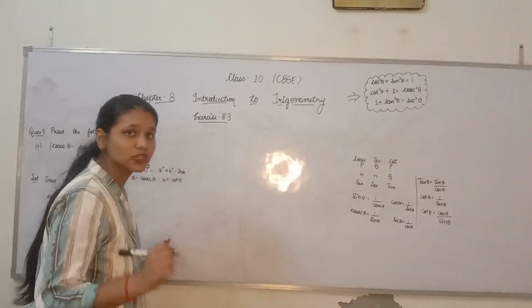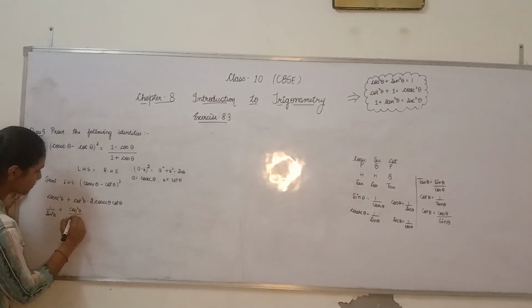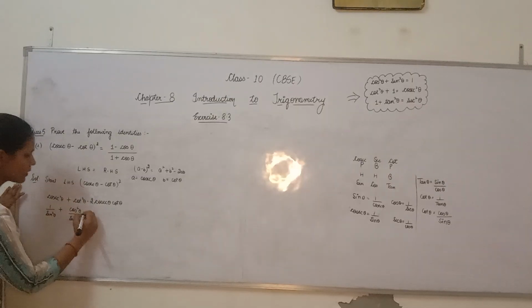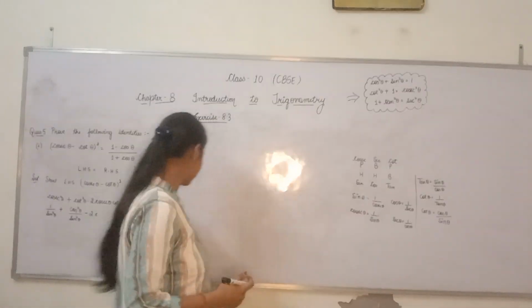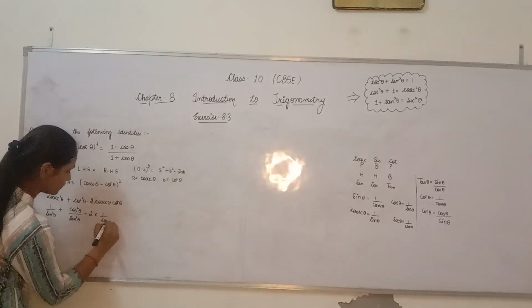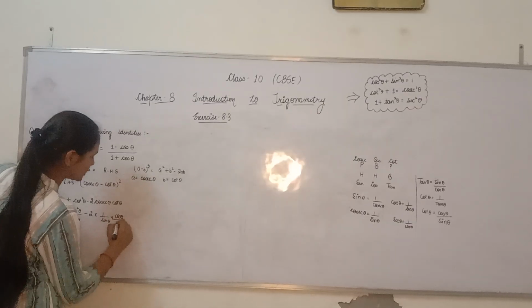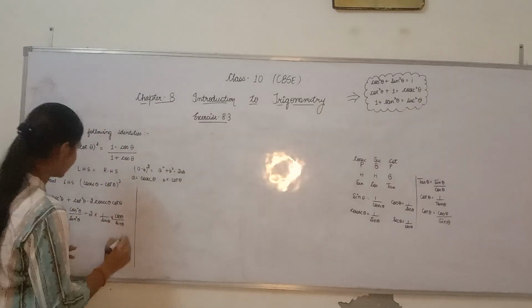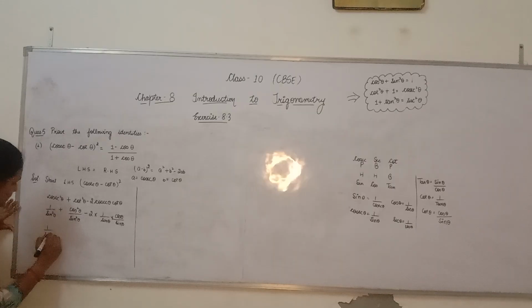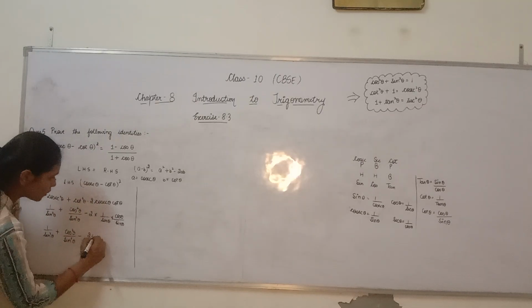Here it is cot square theta, so we will write cos square theta upon sin square theta minus 2 times 1 upon sin theta times cos theta upon sin theta, minus 2 cos theta.